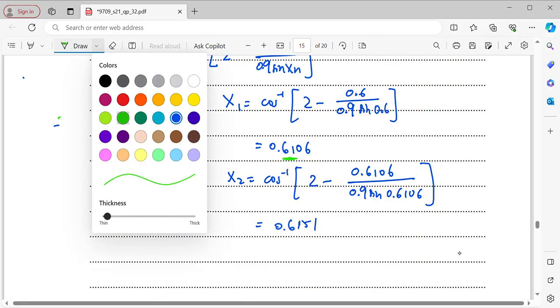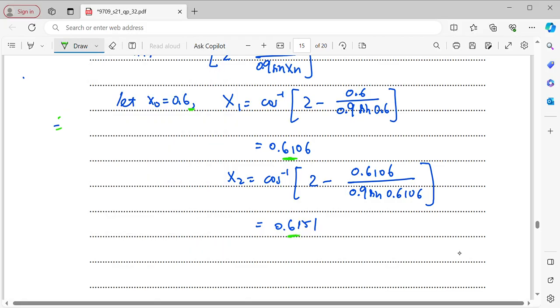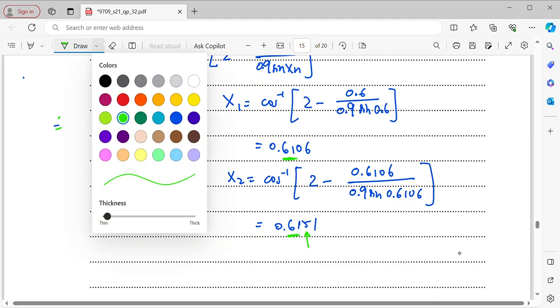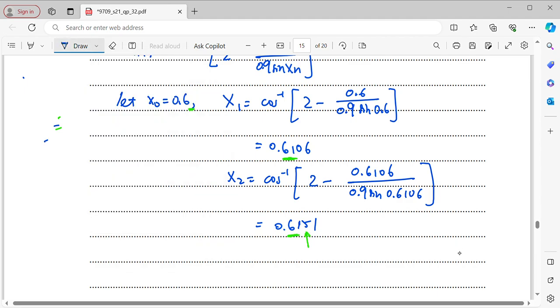Alright, so then here 0.61 in the x1 and 0.61 in the x2. But then our final answer depends on the next digit. Since this is 5, therefore I will just write my x is approximately 0.62. So that is the approximated root.